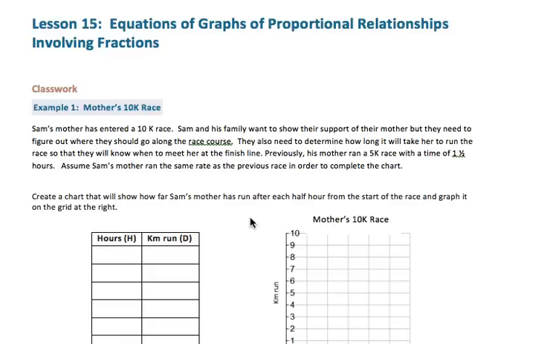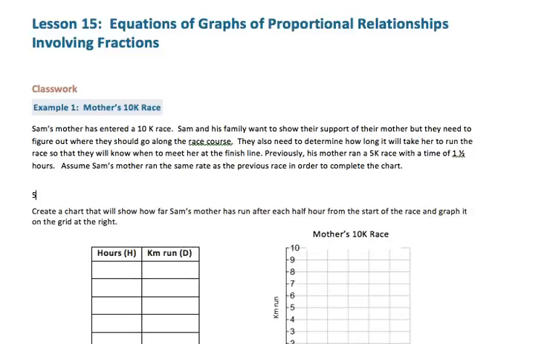To determine her rate during the 5K race, we're going to need to divide 5K by 1½ hours. So we'll take a little space right here. And we divided 5 by 3/2, which is 1½ converted to an improper fraction.